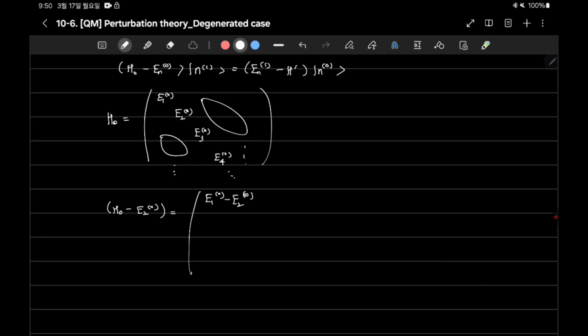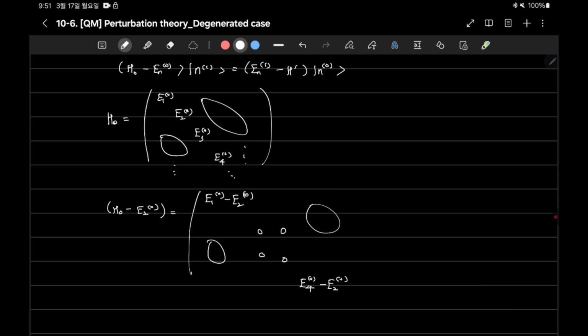In the second entry, E20 minus E20 equals 0, and E30 is also equal to it, so it is also 0. So 0, 0, and E40 minus E20. Other entries are all 0.